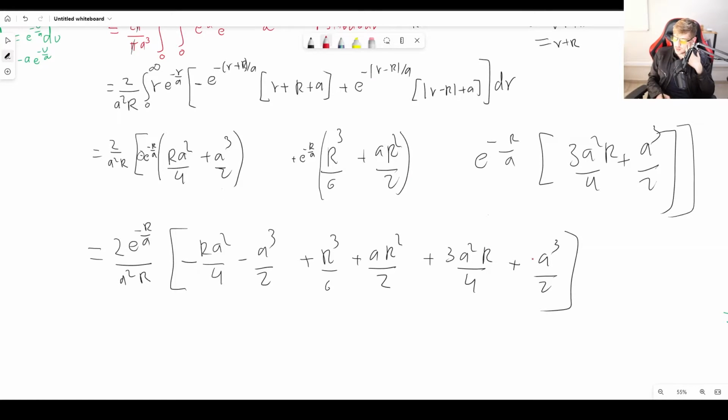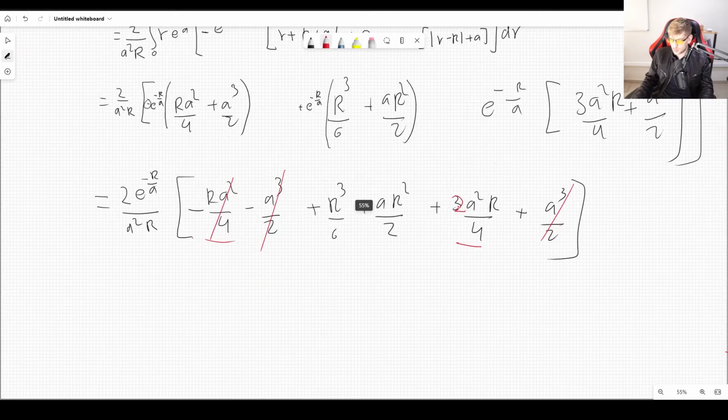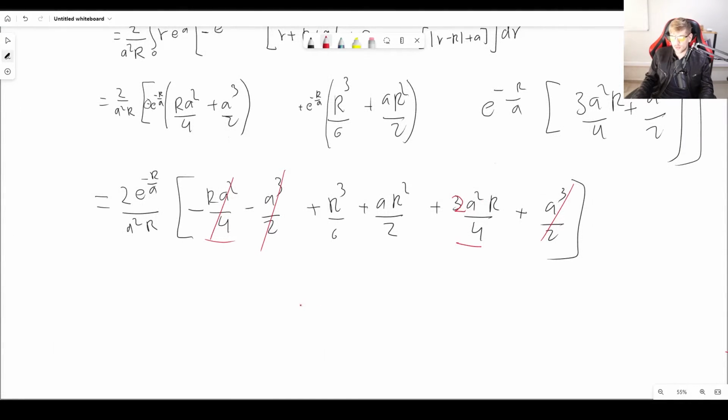So here the a cubed over 2 cancel out, and these two add up, right? So we'll get 2a squared r over 4, sorry.